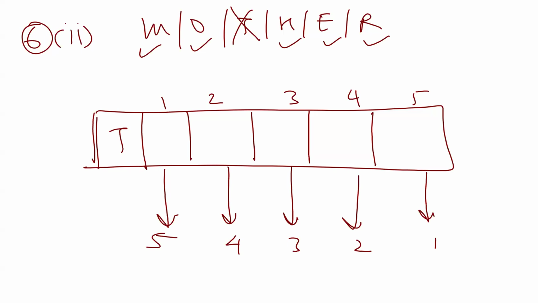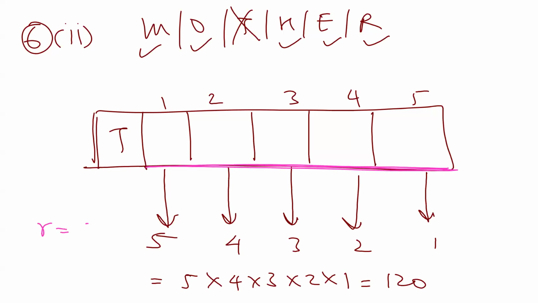So 5, 4, 3, 2, 1. This is 120, 5 factorial. Otherwise, from here to here, number of places are 5, number of objects are 5. So nPr, 5P5, which is equal to 5 factorial. This also we have discussed in class. Permutation is arrangement without repetition.